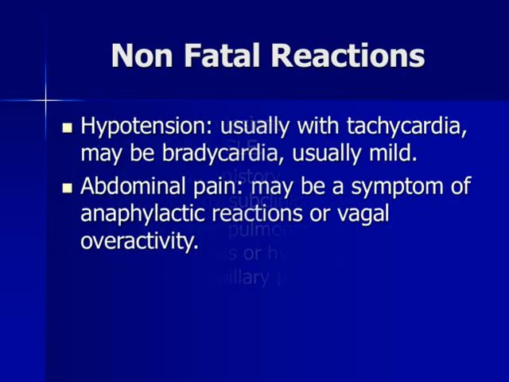Hypotension and abdominal pain also may happen. They are usually mild, the hypotension, and the abdominal pain may be a symptom of anaphylactic reaction or vagal overactivity. Okay? And keep in mind, usually females about 15 to 25, 30, I swear to God, it always happened like that.